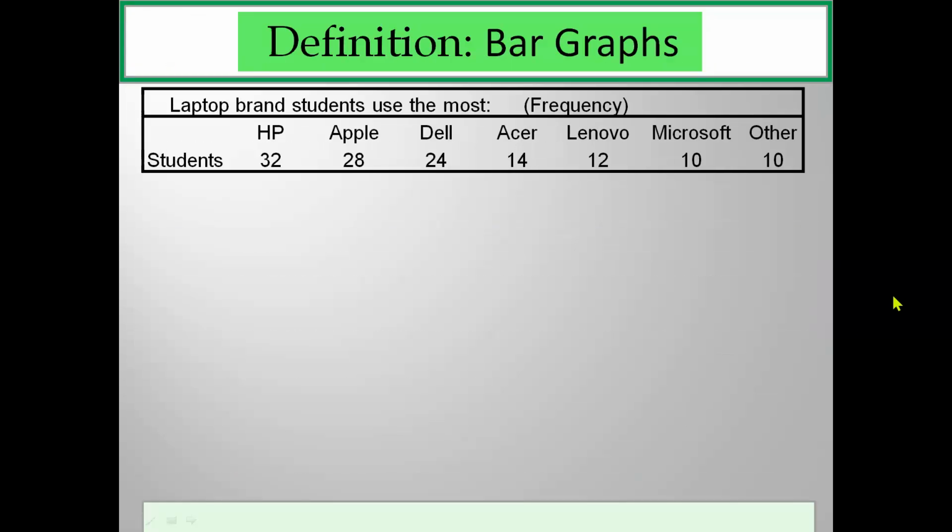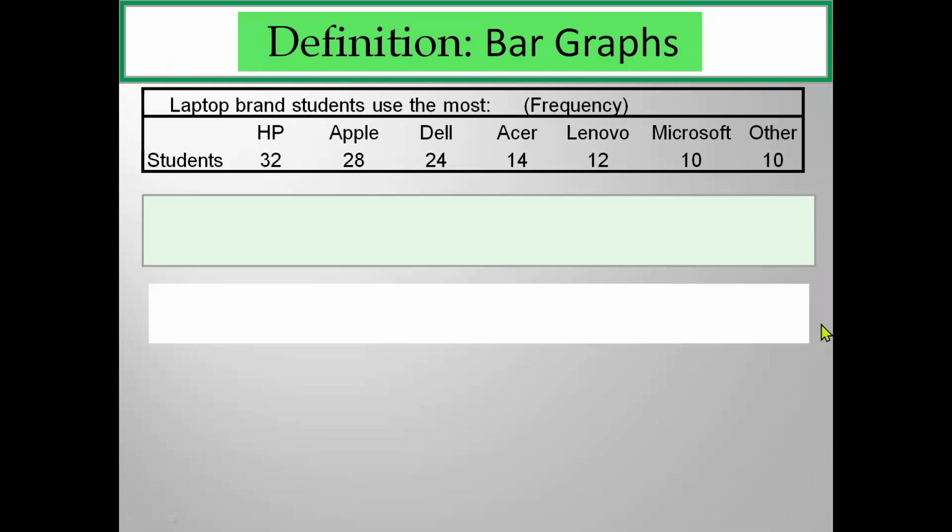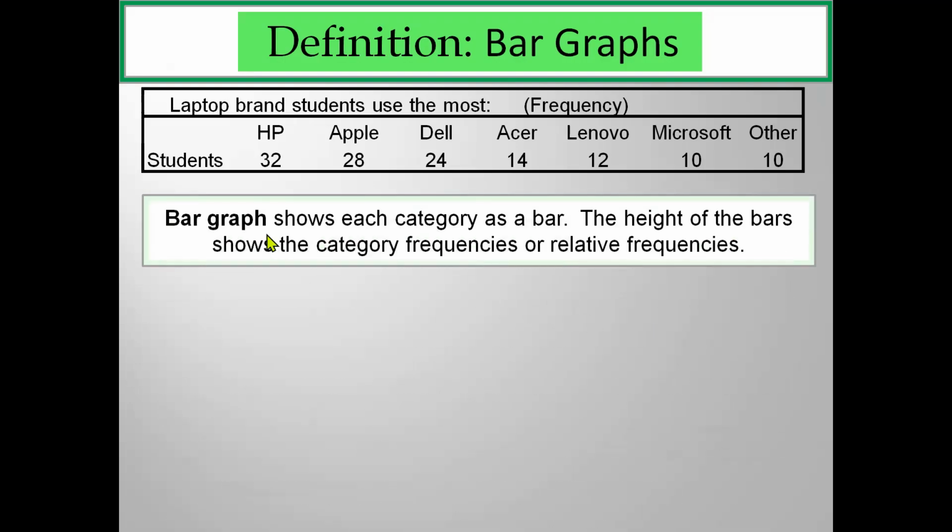We've seen bar graphs before in our previous class. However, we would like to have a definition of our own. We're going to state that a bar graph shows each category as a bar. The height of a bar shows the category frequency or relative frequency.